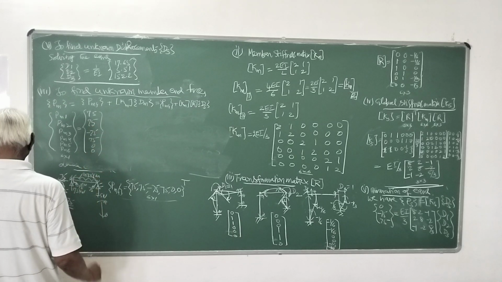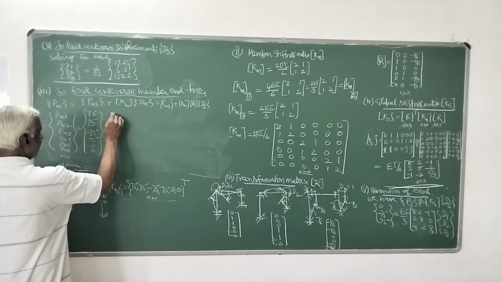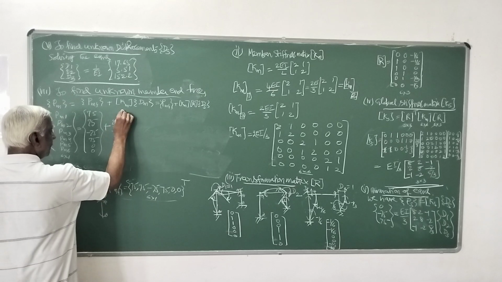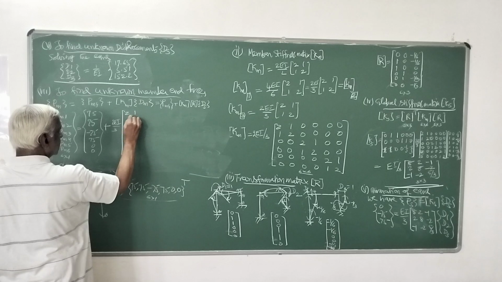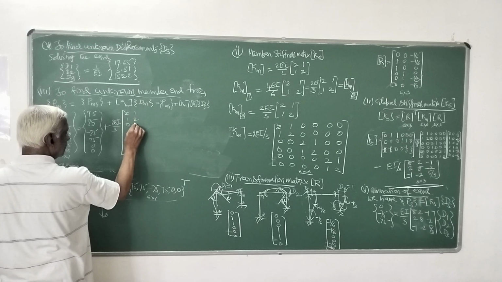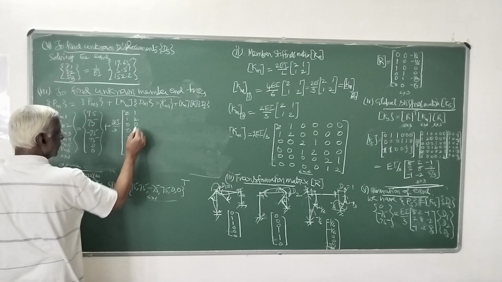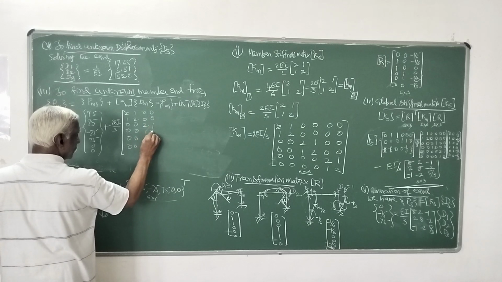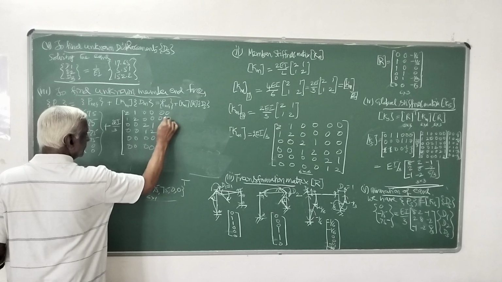Then plus Km, which is 2E by 3 times the matrix with 2, 1, 1, 2, all the rest 0, 0, 0, 2, 1, 1, 2, 0, 0.